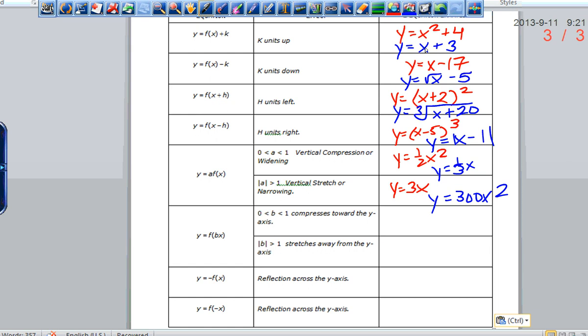All right. Now we're going compression toward the y-axis. So it's getting narrower, but we're doing it for the x's as opposed to the y's. So still going 0 to 1 here. So y equals, now this time we're on the inside, so maybe 1/2 x and then squared.